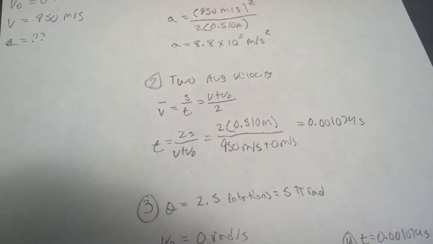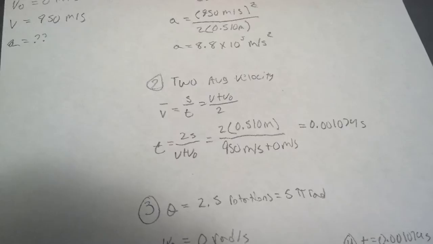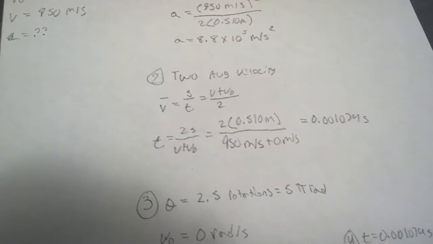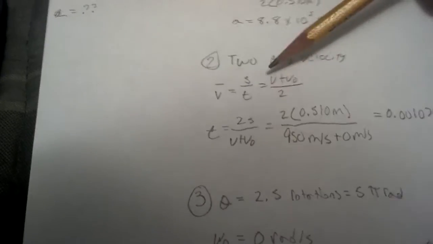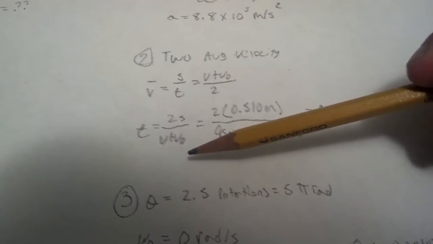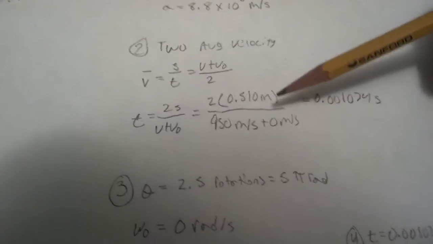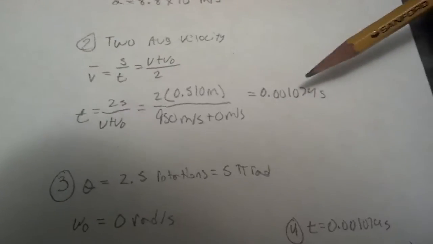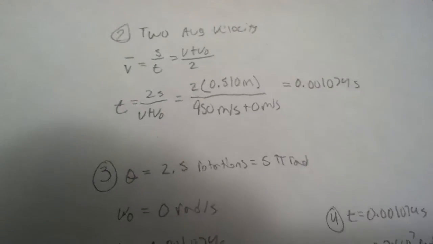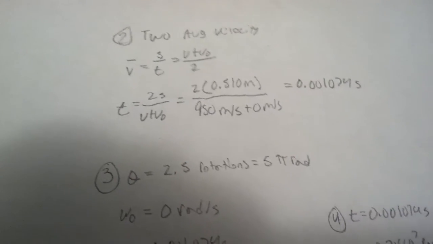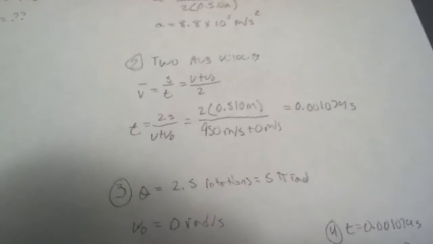So in order to find the time, I used the average velocities formula, which is right here, and then derived into this, and then just plug in the numbers, and you get 0.001074 seconds.